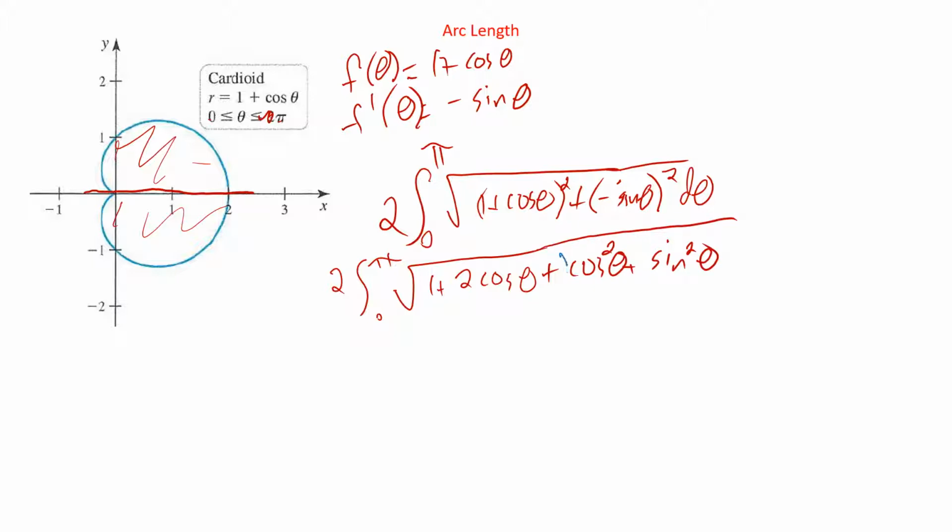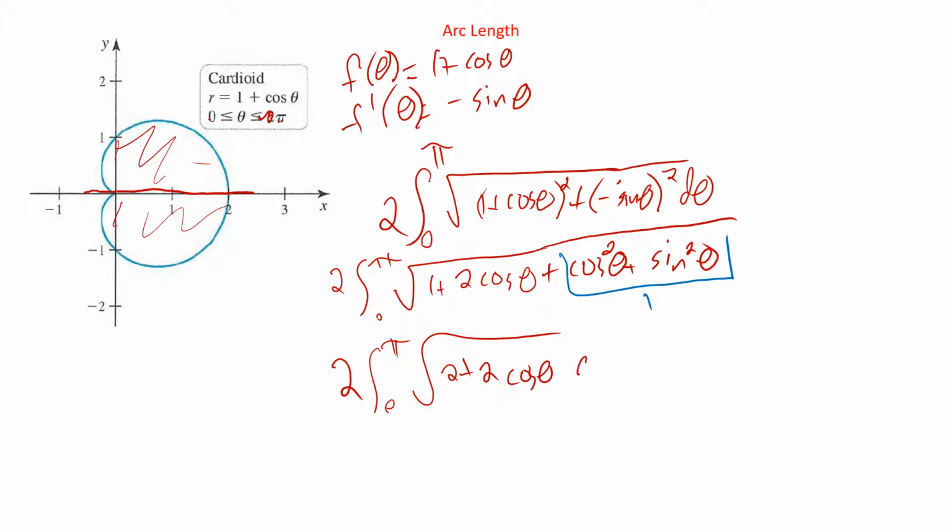Well, cosine squared plus sine squared equals 1. So that can add over. We'll have 2 times, or 2 from 0 to pi, 1 plus 1 will be 2, plus 2 cosine theta d theta. And then from there, we can go backwards from what we were doing, going from the cosine squared to the 1 plus cosine of 2 theta over 2.